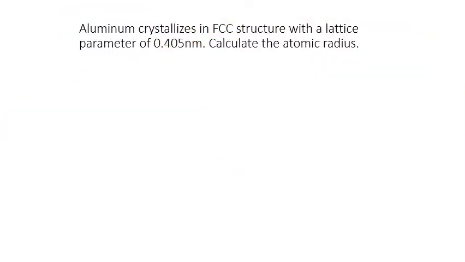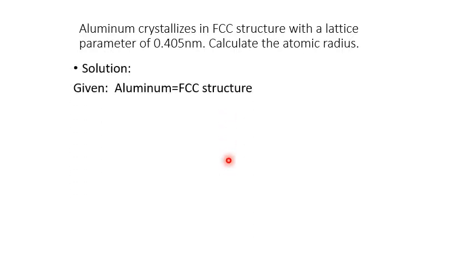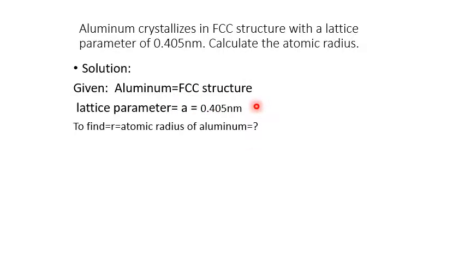Whenever we solve a problem, first you need to note down what they have given. First, it's an FCC structure, and the lattice parameter is 405 into 10 power of minus 9 meters. What to find? We have to find the atomic radius, that is R.